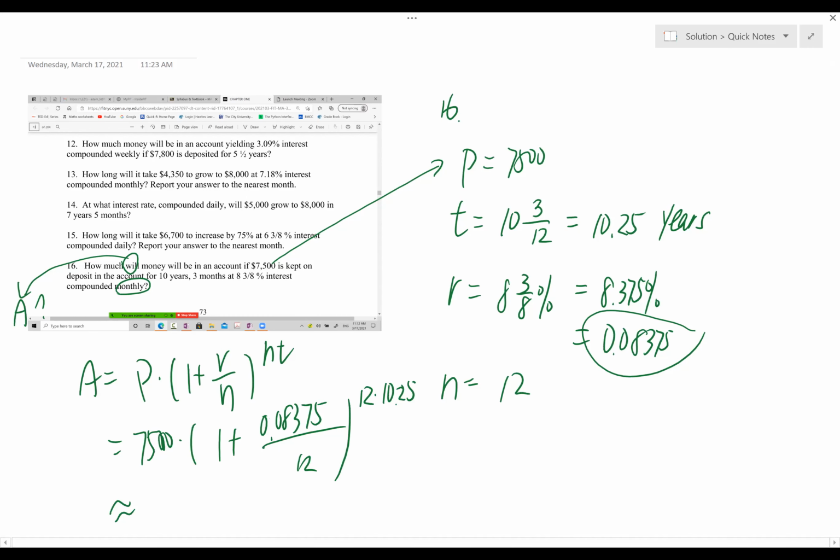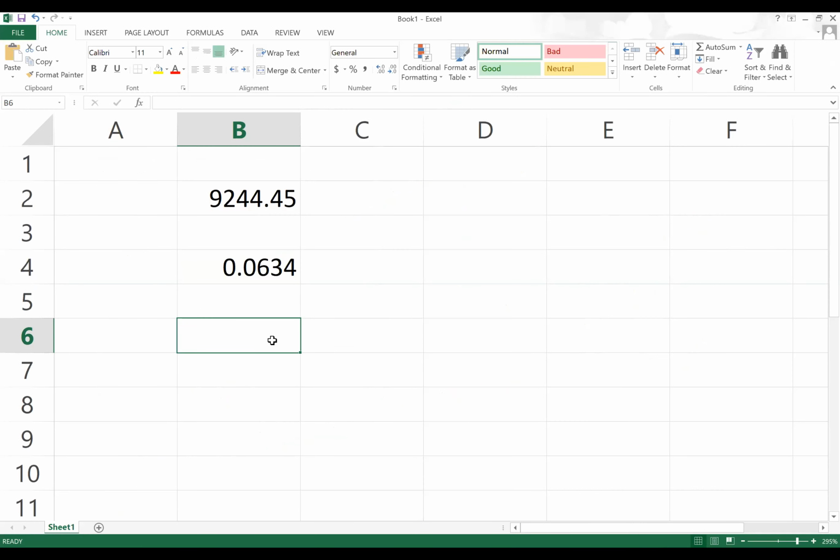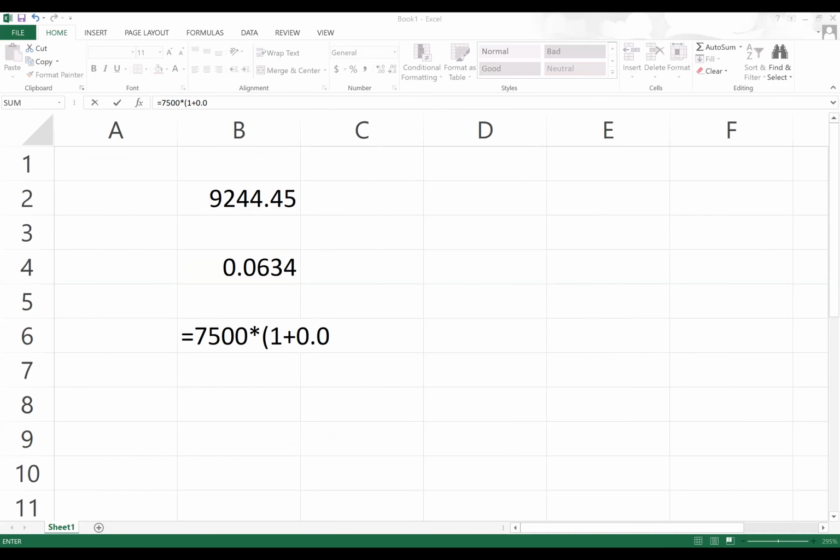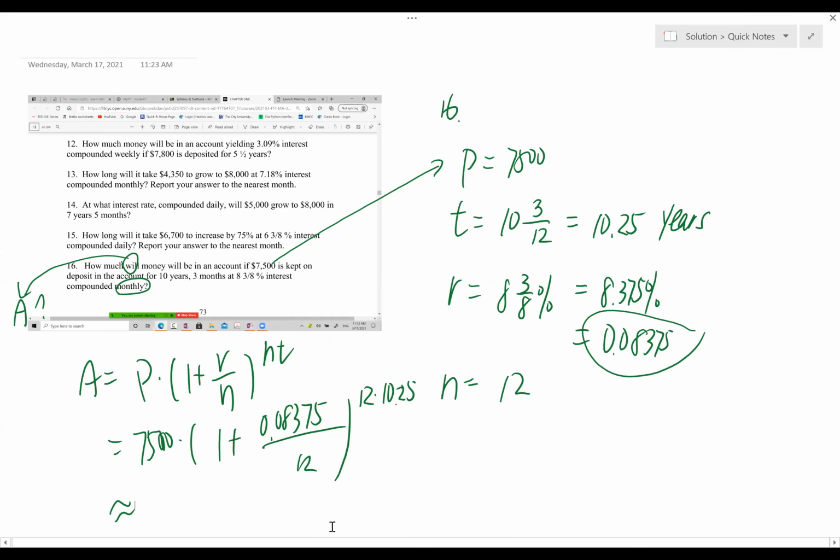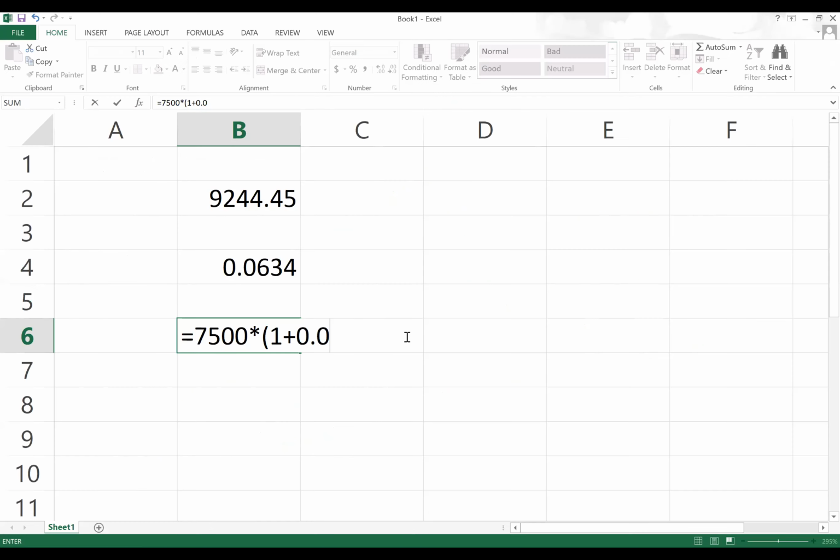So you get 7,500 times 1 plus 0.08375 divided by 12, raised to the exponent.